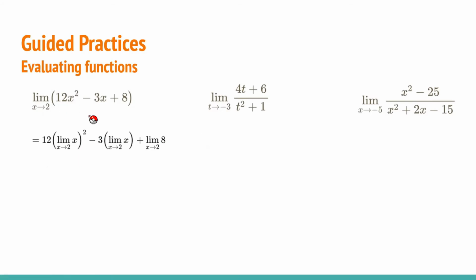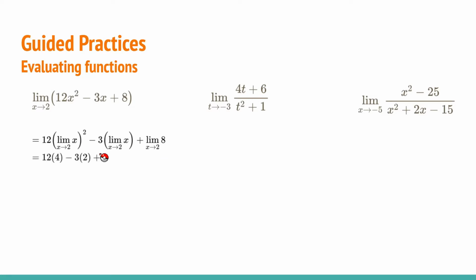From 12x squared, we move the 12, and then we save the power for last, and then we just have to find the limit of x as x approaches 2. Same goes for 3x. We move the 3 and we find the limit of x as x approaches 2. And then lastly, we find the limit of 8 as x approaches 2.